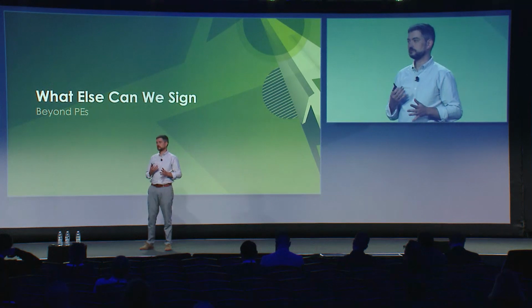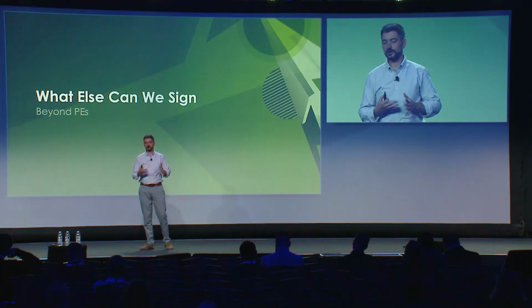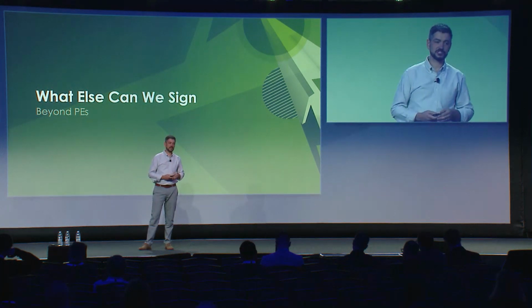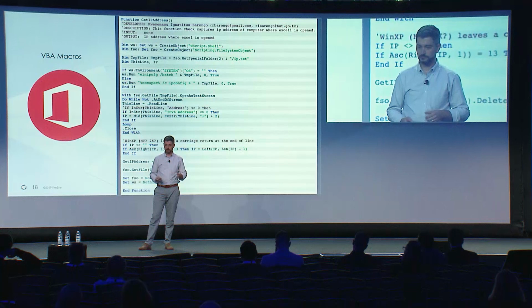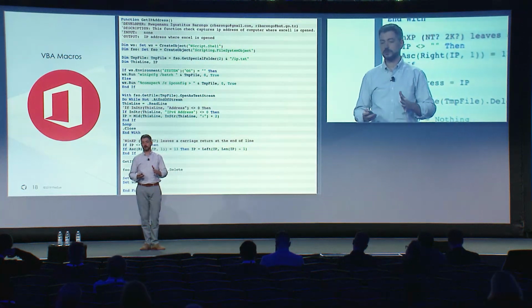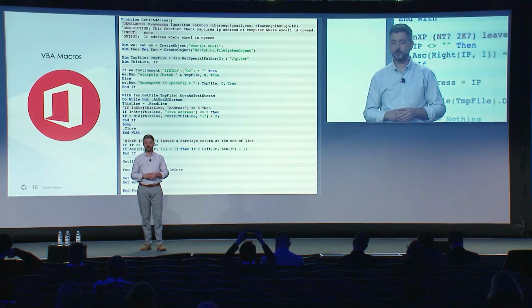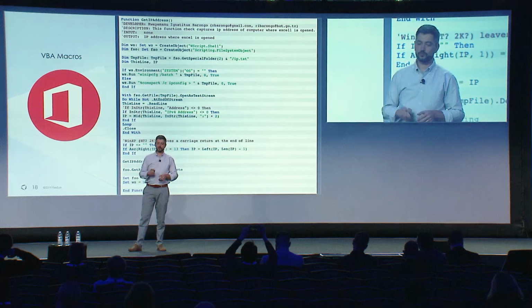So we talked about executables. What else exists in the world of signing that we can sign? Macros. So macros is probably the easiest thing to talk about. The reason I'm showing this macro is because it looks like it's bad, but it's not.